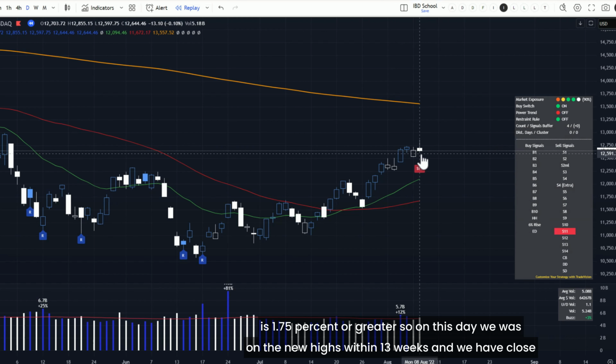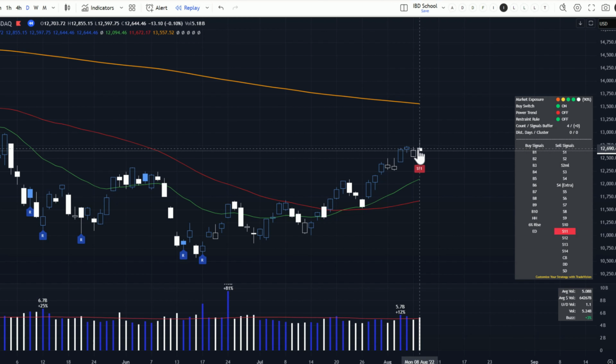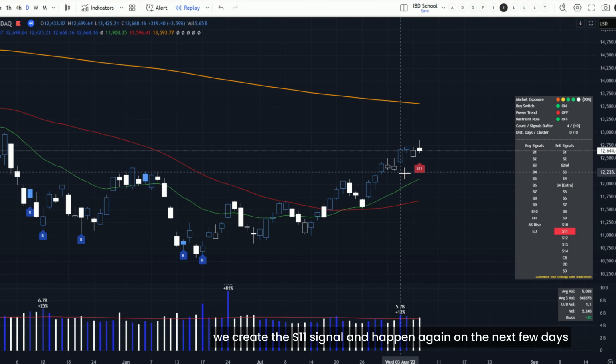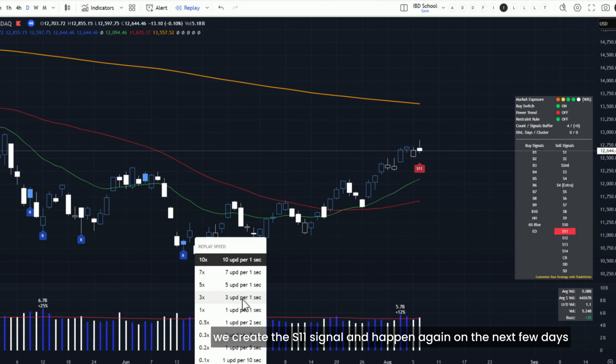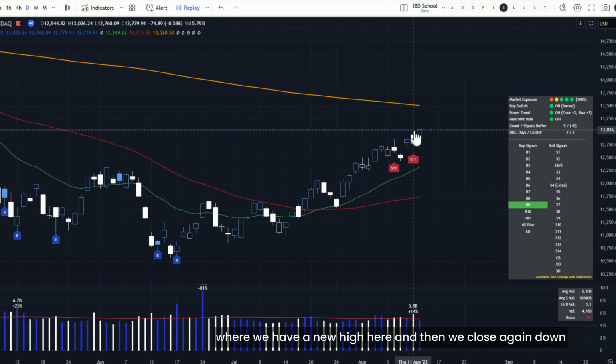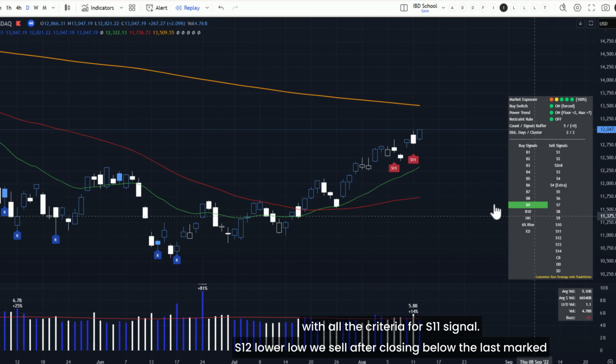So on this day we were at new highs within 13 weeks, and we closed down for the day in the lower quarter, and the spread was more than 1.75%. That's why we create the S11 signal, and it happened again on the next few days. We have a new high here, and then we close again down with all the criteria for the S11 signal.